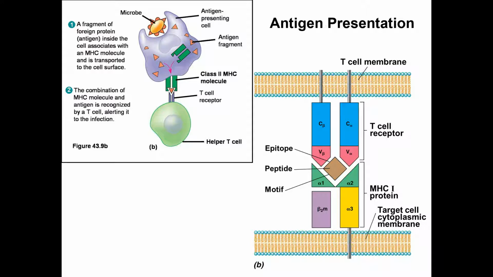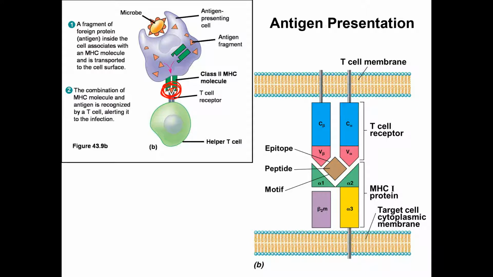And here your little helper T cell. Your helper T cell has a T cell receptor with a variable region, right, that's specific to this particular antigen, and that specific epitope on that particular antigen.